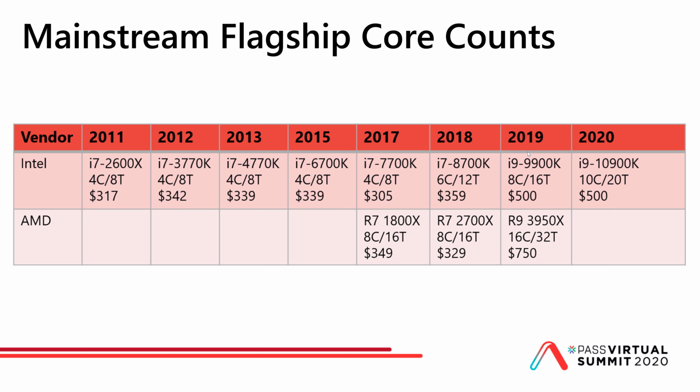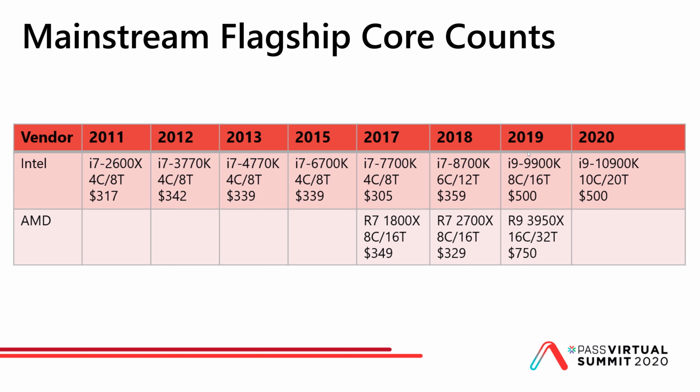Back in 2011, you get a Core i7 2600K that had 4 cores and 8 threads. And that was the top of the line, most cores you could get. That was Sandy Bridge. And then in 2012, they had the i7 3770K, which still only had 4 cores and 8 threads. There was no expansion there in terms of core count and thread count.